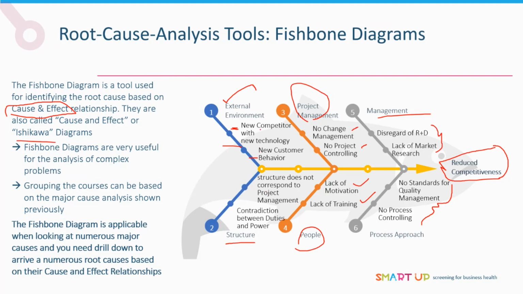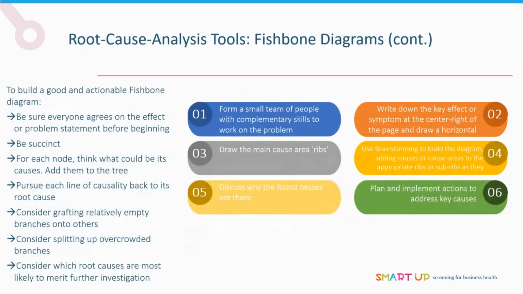Now, if you ask whether all the reasons impact this problem equally, no, that is not the truth. All reasons do not impact the problem equally. So we need to identify the top reasons.